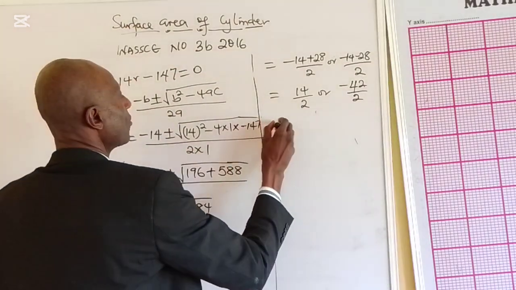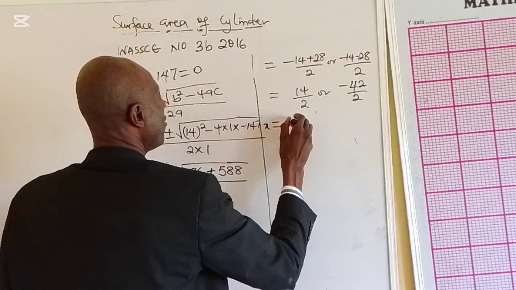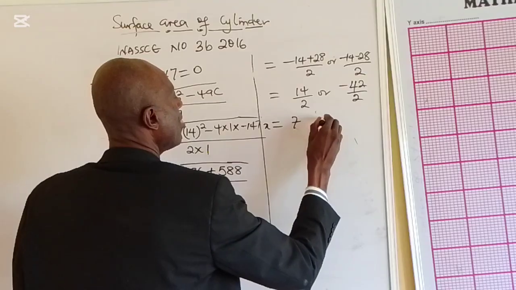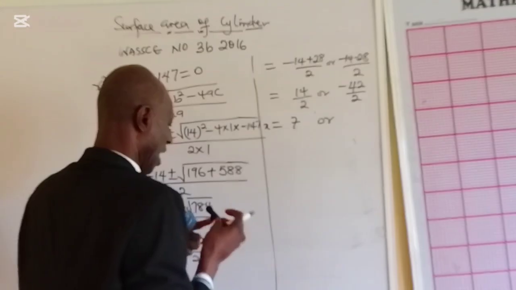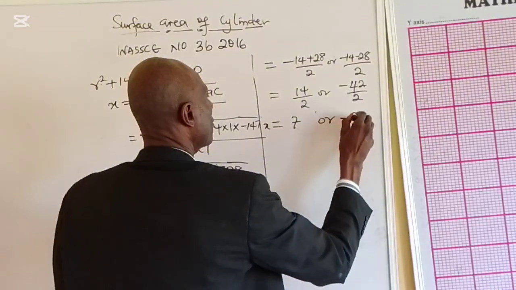Now, when this one cancels this, it will give us 7. Or, when this cancels that, it will give us minus 21.